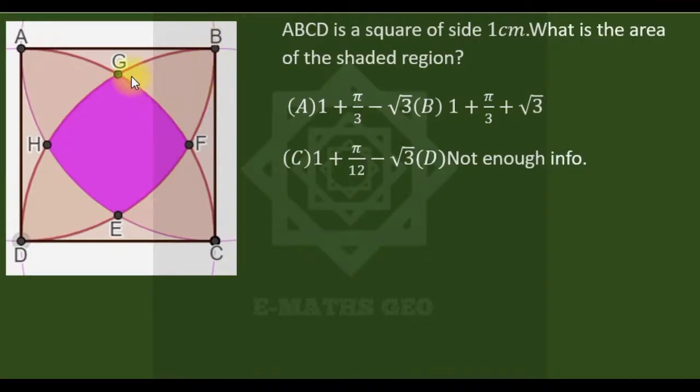And if you notice, we have 4 congruent areas: C, B, G, H, A, B, D, H, C, and finally D, C, F. So once we subtract this area from the square, what is left is what we are asked to find.